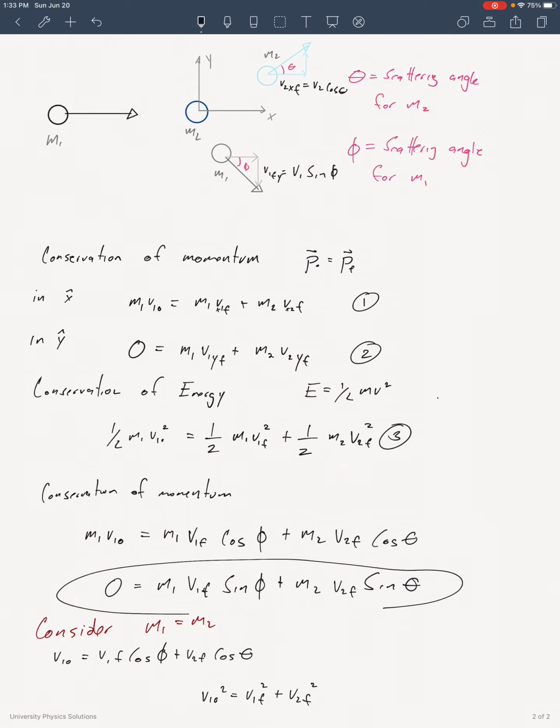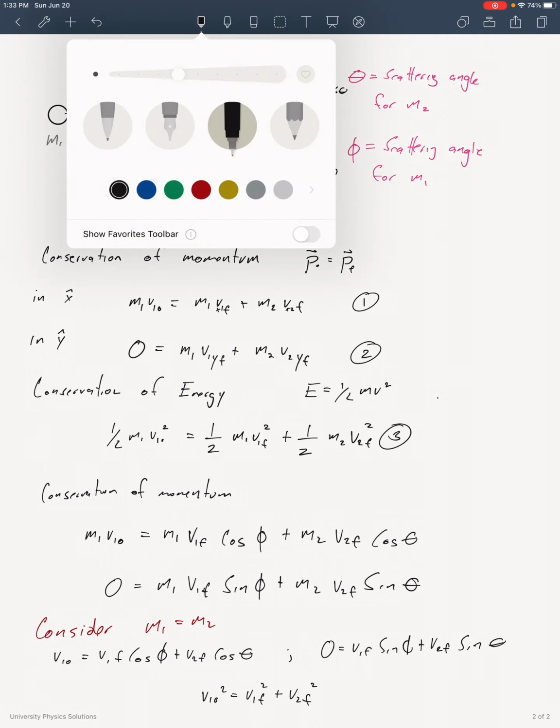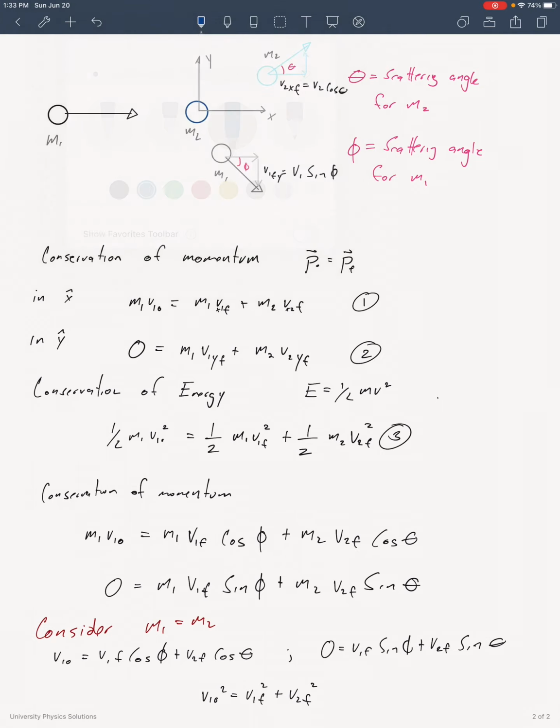And for this equation, the masses will cancel out, so then I would have 0 is equal to B1 final sine of phi plus V2 final sine of theta. And so these are now my equations 1, 2, and 3. I'll call this equation 1 prime. This will be equation 2 prime. This will be equation 3 prime. I'll copy and paste into the next page.